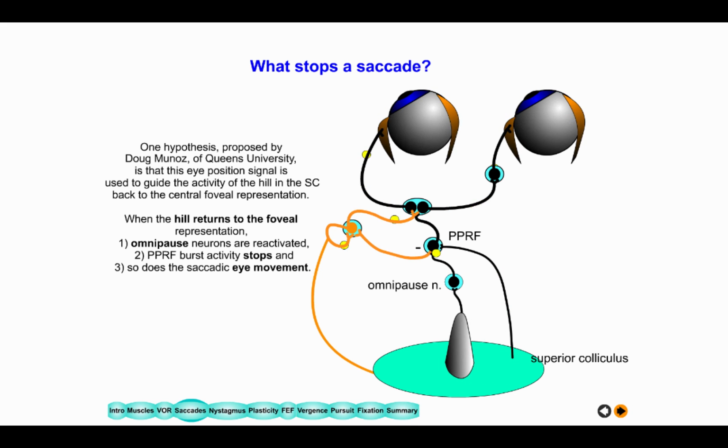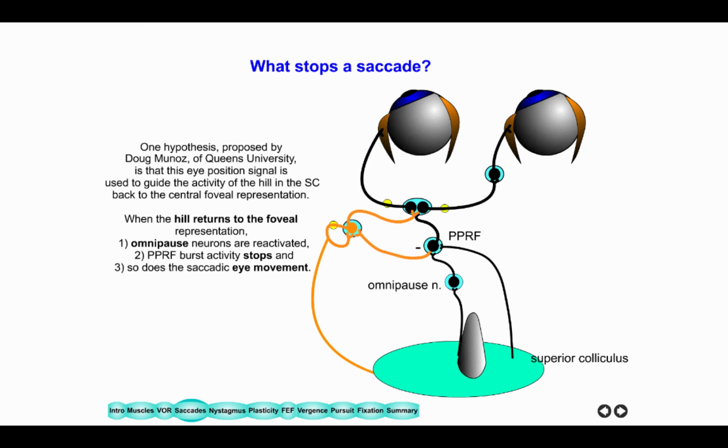Now, how does it work then with this PPH? Well, what happens is that a signal appears here, and then that sends a signal to the PPRF that produces a burst. The burst gets integrated to position.